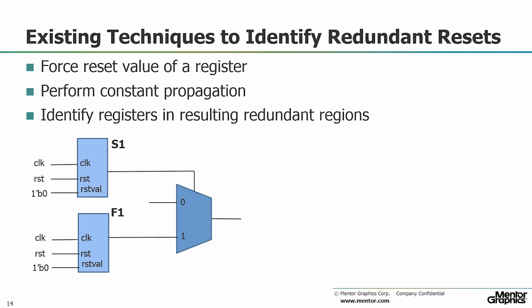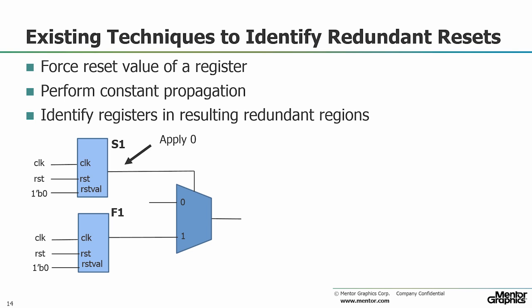Let's look at an example. In this example, there are two registers S1 and F1. Both of these registers have the same reset signal RST and the reset value 0. In this method, the reset value of one of the registers, say S1, would be forced on the output of the register S1.